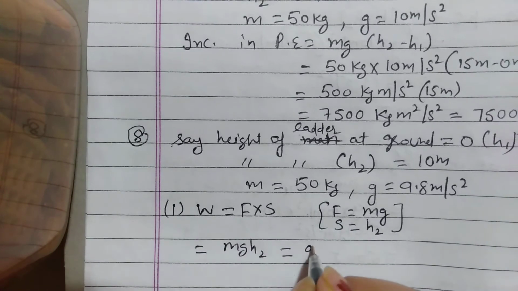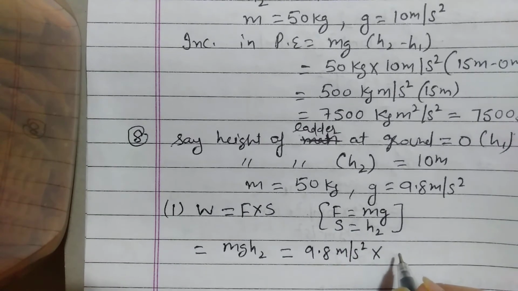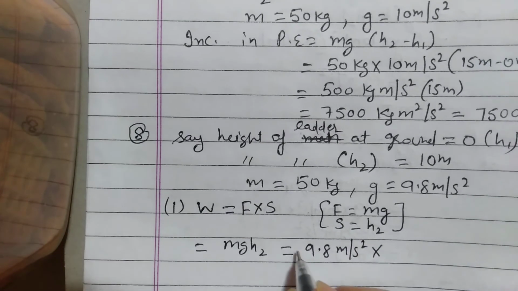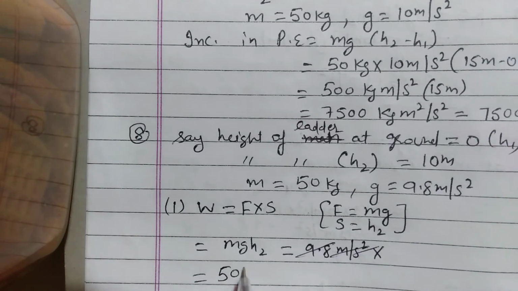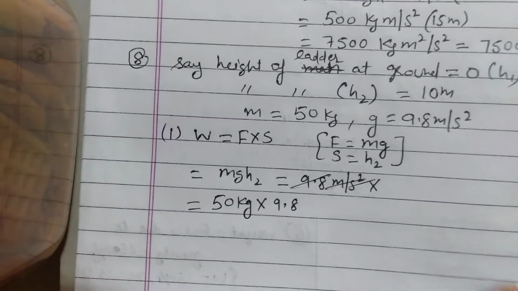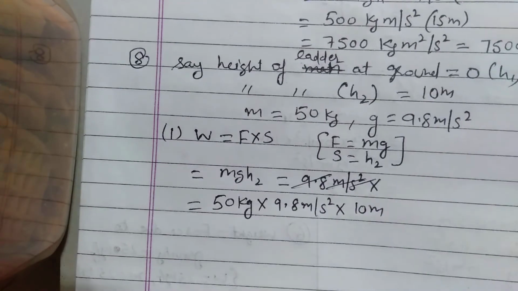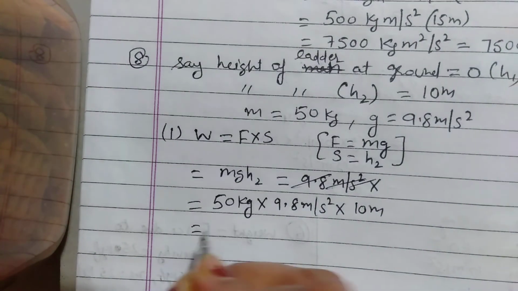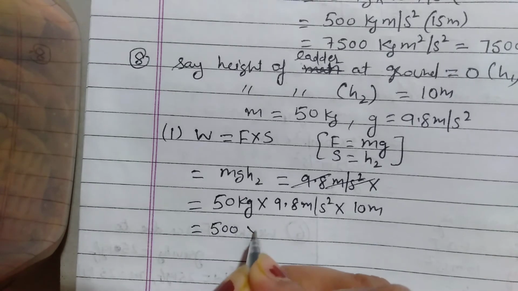M is given to us as 50 kilogram. G is given to us as 9.8 meter per second square, and H2 is 10 meter. 50 multiplied by 10 will be equal to 500.